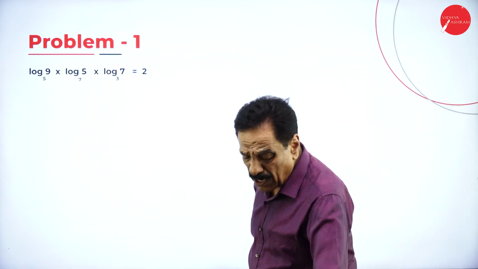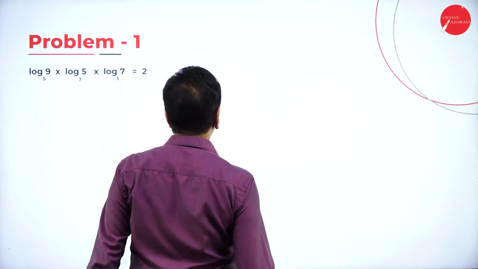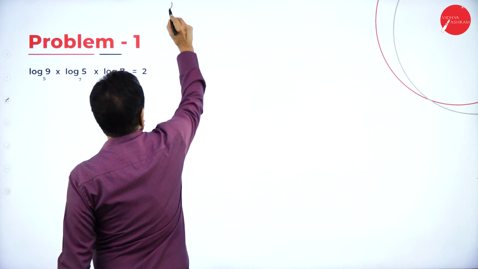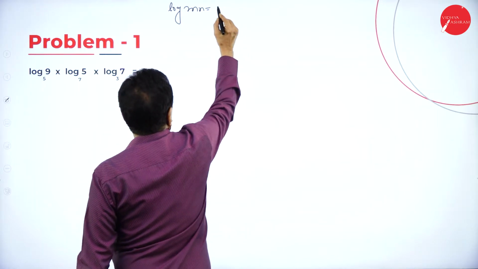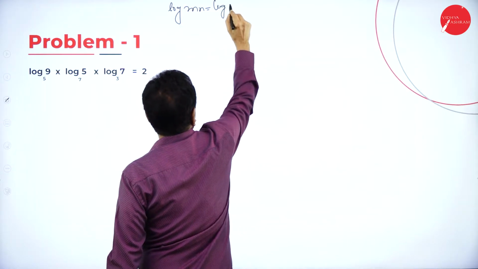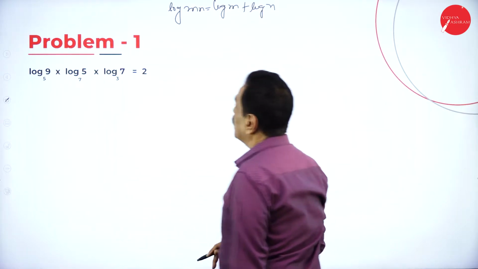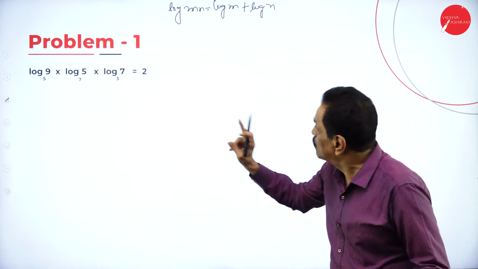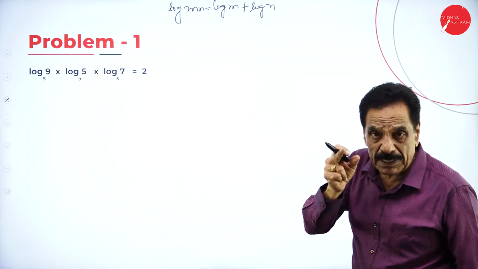Here in logarithm we say that log mn can be written as log m plus log n. So when you say log mn, multiplication means adding. Adding means multiplication.